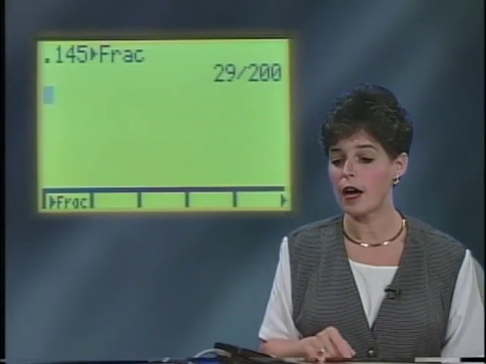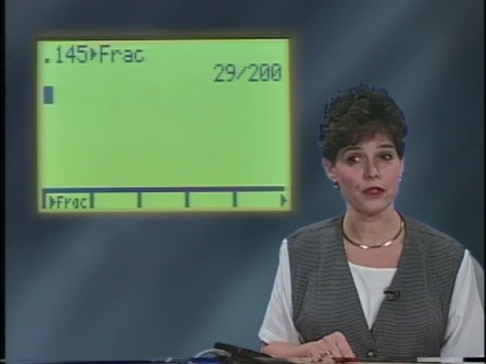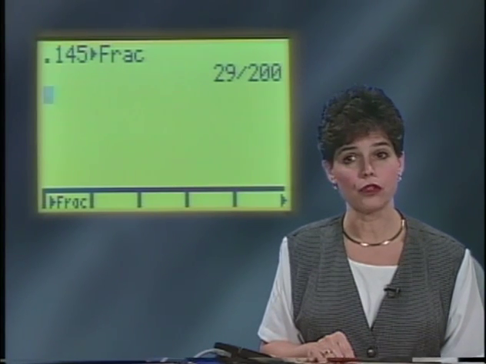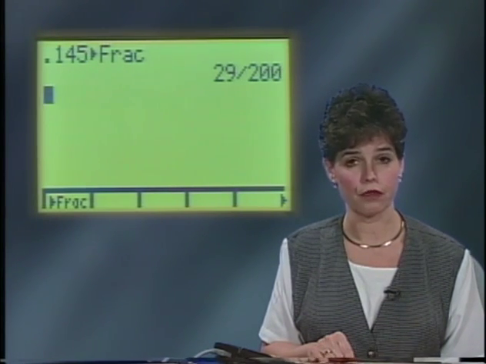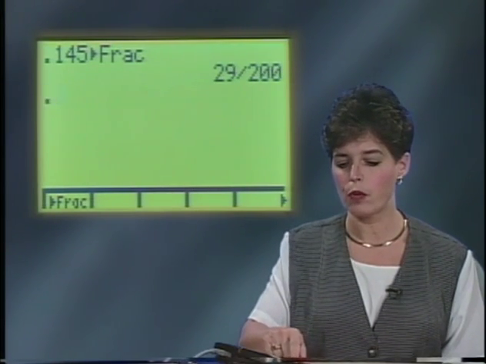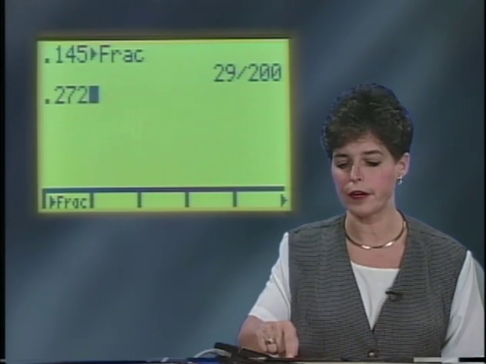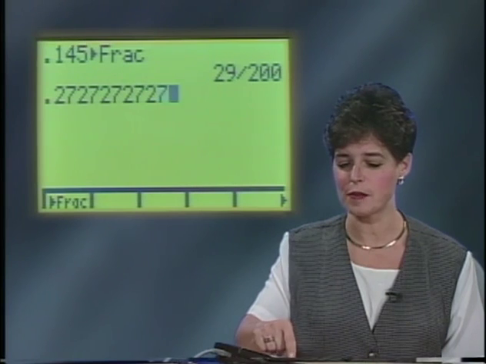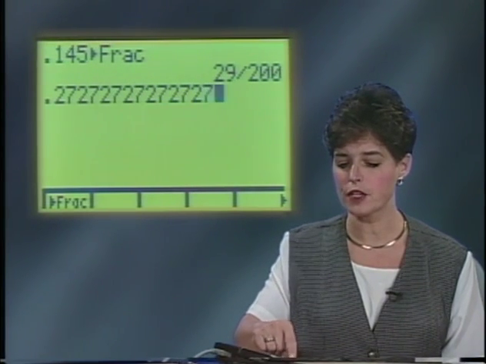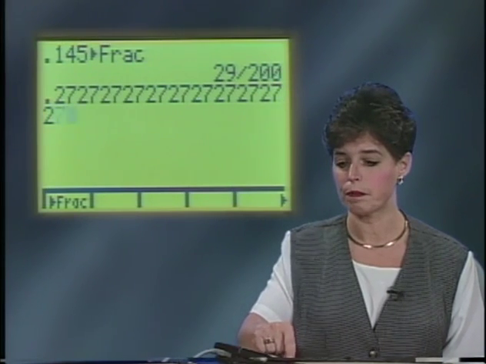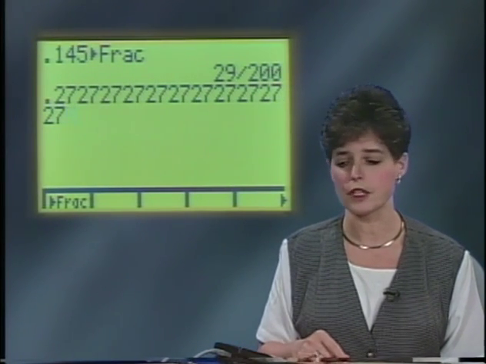Pressing Enter, I discover that 145 thousandths is changed into the fraction 29/200ths. Now it is possible to change repeating decimals into fractions. I think I'm going to type in a repeating decimal, 0.27, on and on and on, and I'm actually going to have to put in the 27 many, many times so that the calculator actually believes that I meant this to be a repeating decimal and I didn't just have a long decimal.